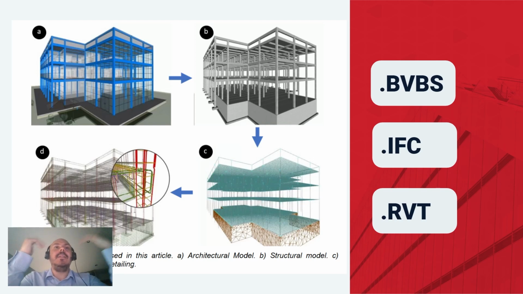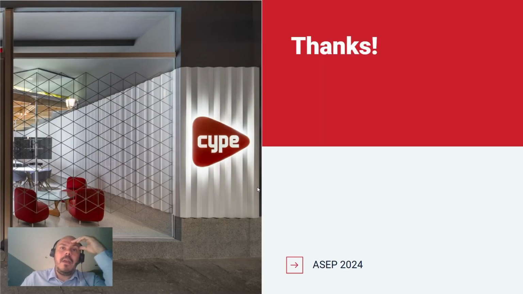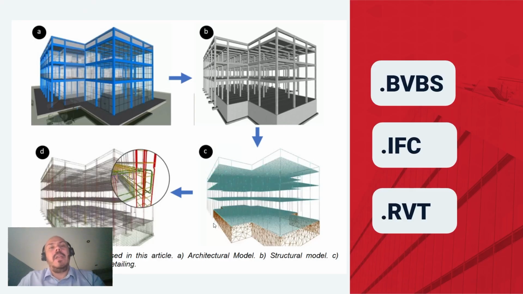Usually the cutting and bending machines used for the production of rebars in a more automatic way import the BVBS file that can be generated from our system. I will not go into more detail, but the message is that something similar to what we saw in the steel situation can also be applied to reinforced concrete. There are other software packages, but the concept is the same.